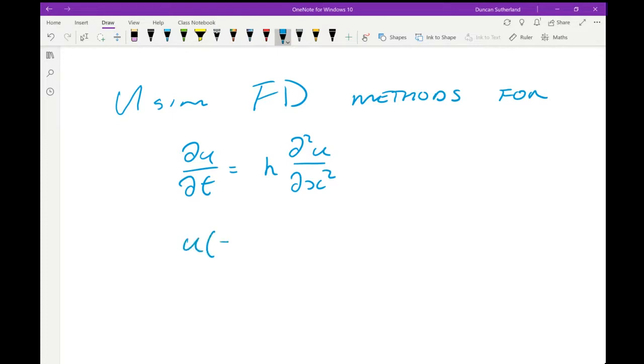I think for whatever reason I decided to do it like this. So I've discretized an interval in a different way, but it doesn't actually change anything where we start and where we finish. All right, that's our computational problem.